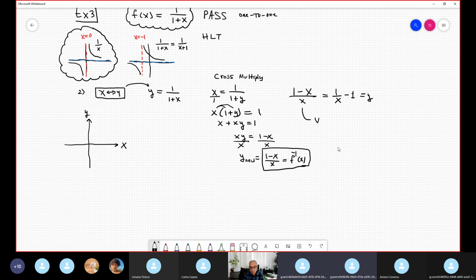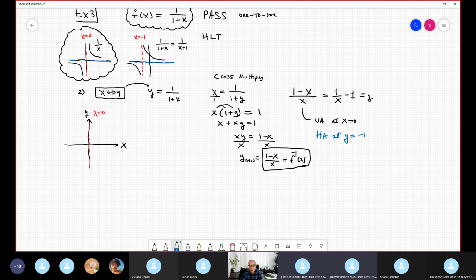obviously a vertical asymptote at x equals 0. Vertical asymptote at x equals 0. However, we have a horizontal asymptote at y equal -1, no?